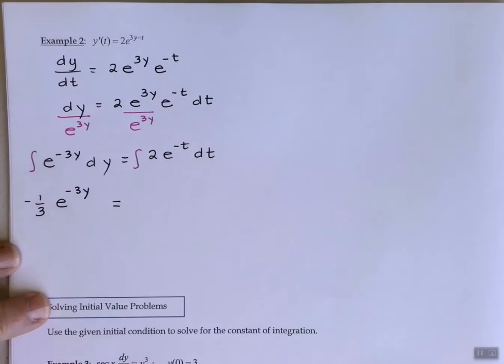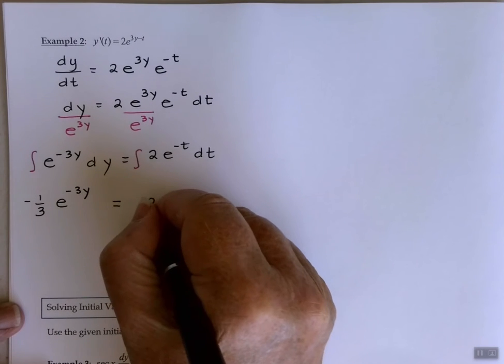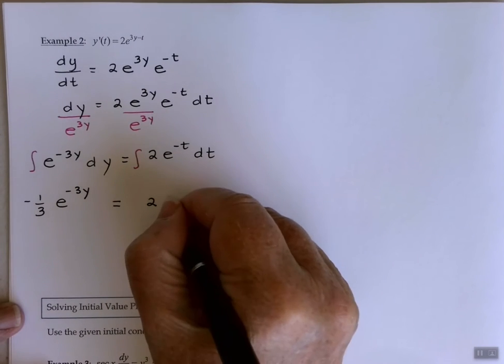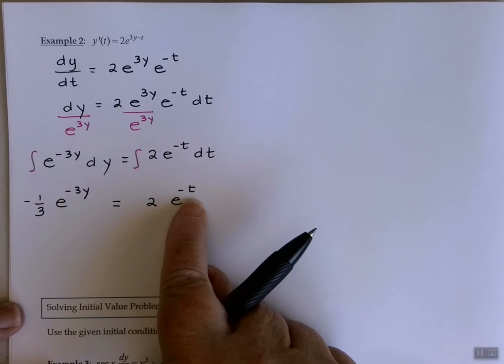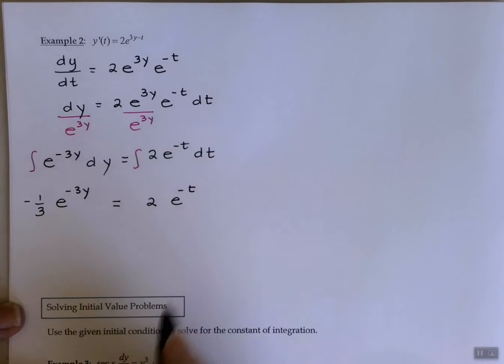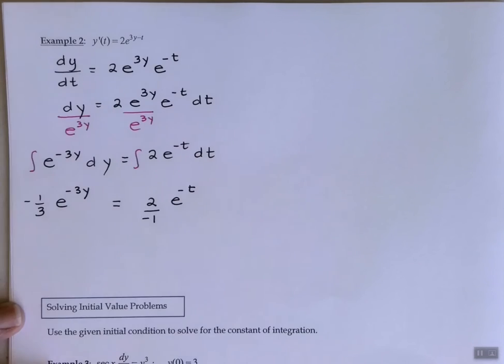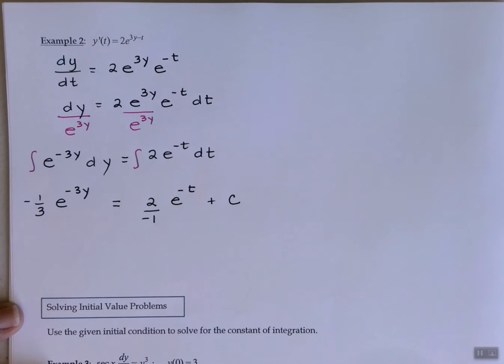Put it on the other side and assume I've combined them. All right, over here I've got 2. Integral of e to the minus t is e to the minus t. And again, the u substitution would have had a derivative of negative 1. Dividing that out, I would have divided by negative 1 here. And I will put my plus c on this side.